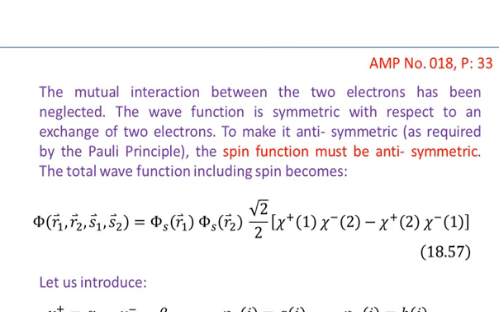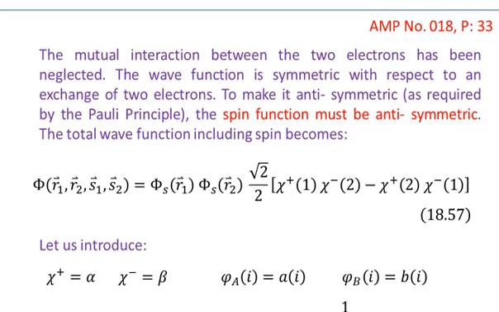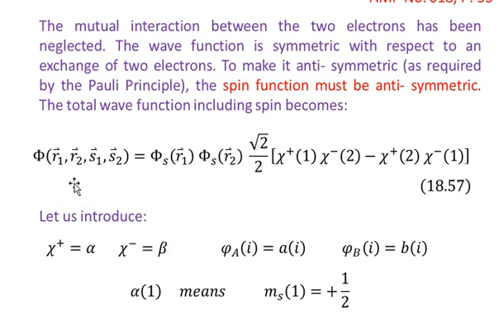So the total wave function including the spin becomes phi of R1, R2, S1 and S2. That is, the wave function is a function of R1, R2 and the spin variables S1 and S2. On the right hand side, we have written the product of two symmetric wave functions, phi s of R1 and phi s of R2, as we have written previously.